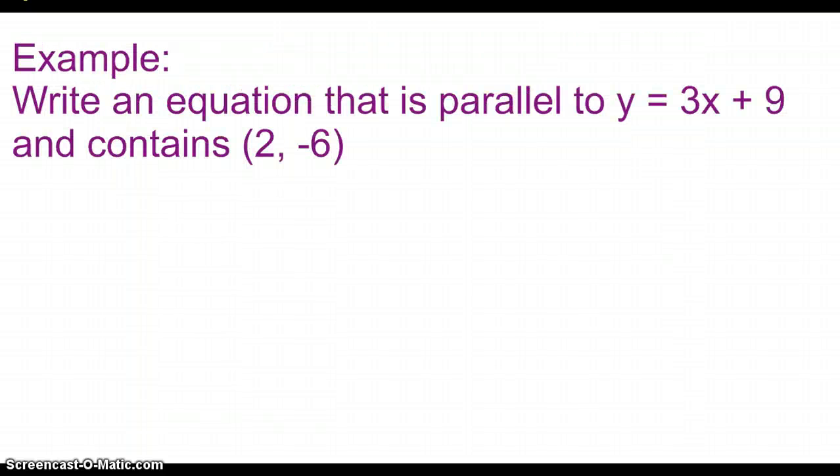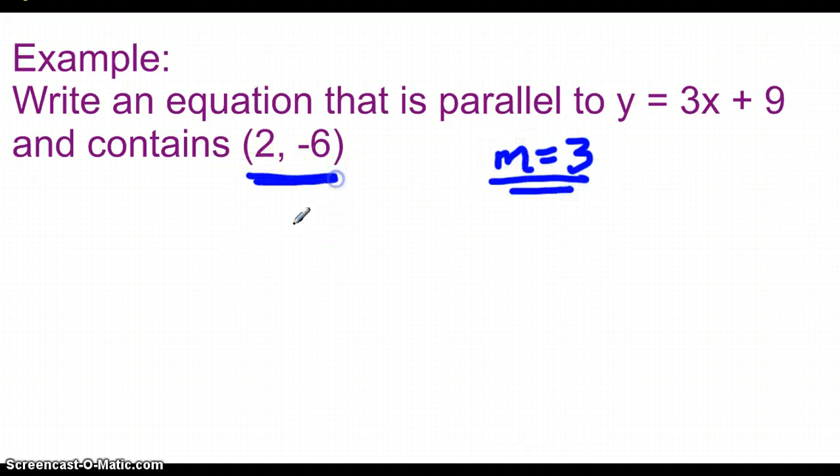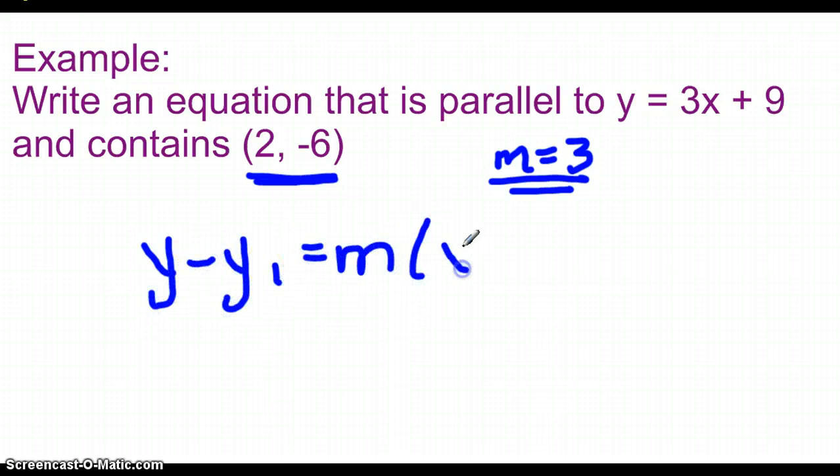So when we deal with these kinds of problems, first of all, you're going to look at a y= equation. This one is y = 3x + 9, which means the slope, or the m, would be 3. Now if I want a line that's parallel, it's going to have the same slope as this. And we're actually going to use this point. So we're going to use the point-slope formula.